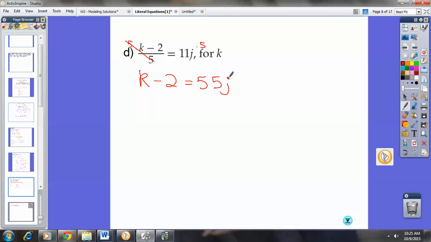Go ahead. So divide by 2. Oh, for K. Add 2. Can I take 55 plus 2? Say it's 57J. Why can't I add these two terms?